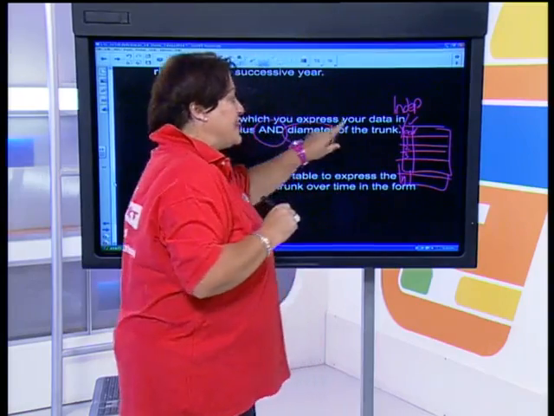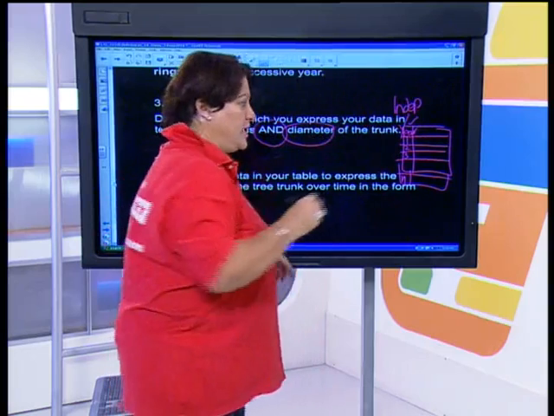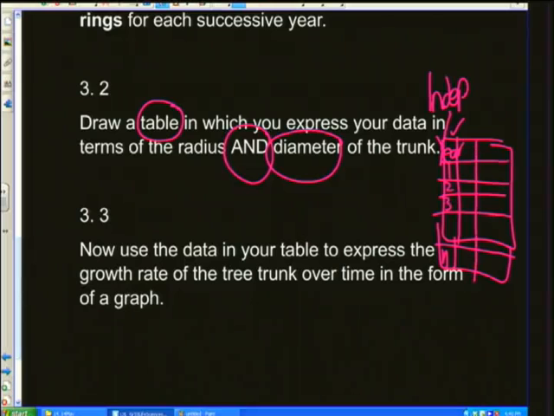Then all that information that you put in, they asked you for radius, so you put radius, and you put millimeters, because what can we not have in a table? Units of measurement. So 20, 27, 30, 34, all the way. What is a diameter?